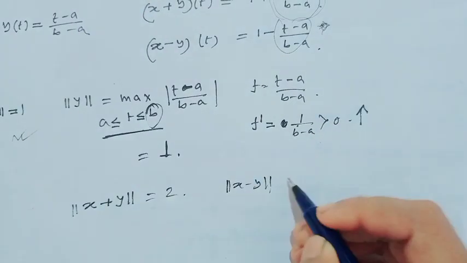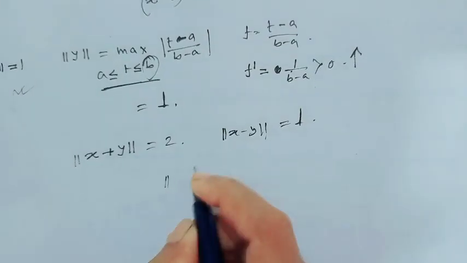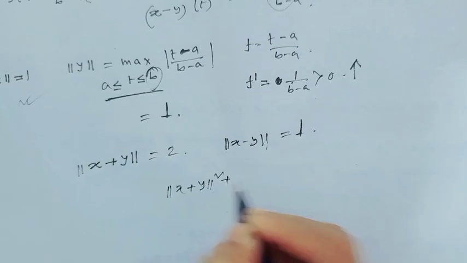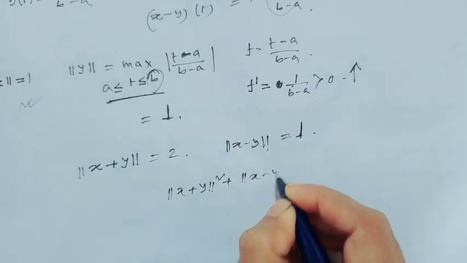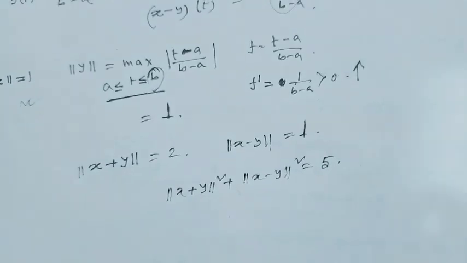So here the value is 1. Therefore, the norm of x plus y whole square plus the norm of x minus y whole square, this value would be 5.